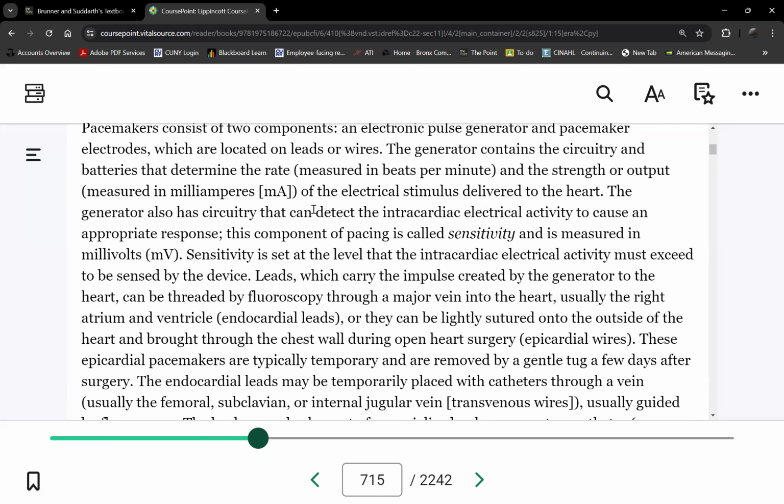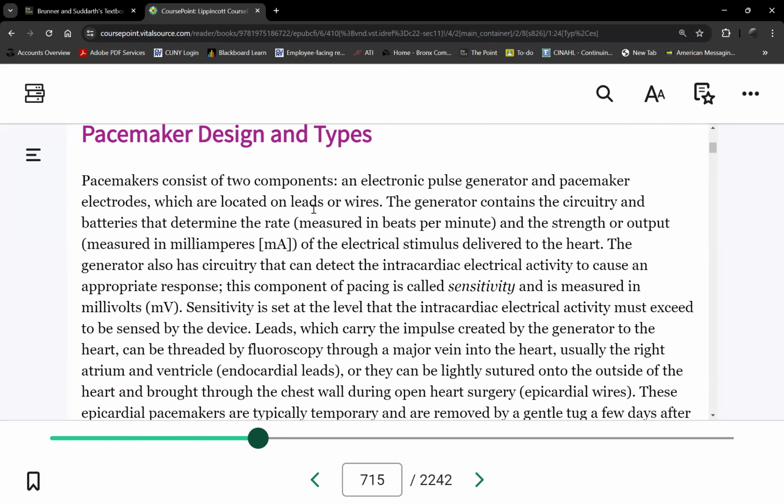There are two general settings on a pacemaker. A pacemaker will be either demand or fixed setting. When it's on a demand setting, it's a computer, right? So you can program it. When it's on demand, it will only fire impulses if the patient's heart rate falls below a set number.